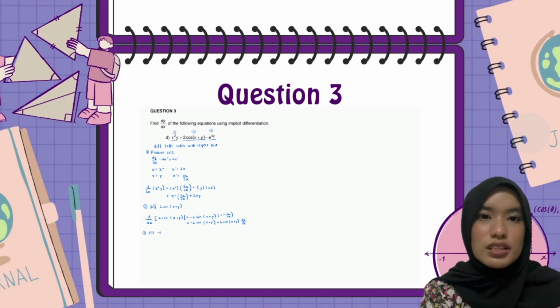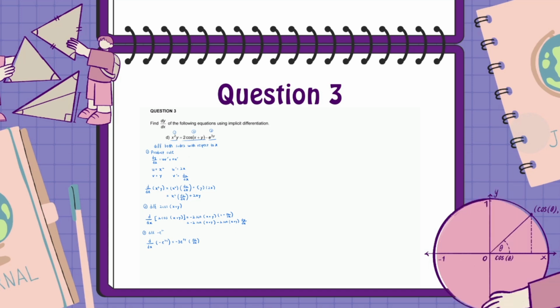Next, derivative of negative e to the power 3y. Derivative of 3y equals 3 times dy over dx. Thus, the derivative of negative e to the power 3y equals negative 3e to the power 3y dy over dx.